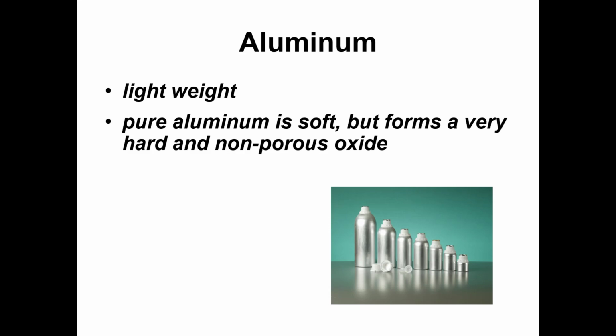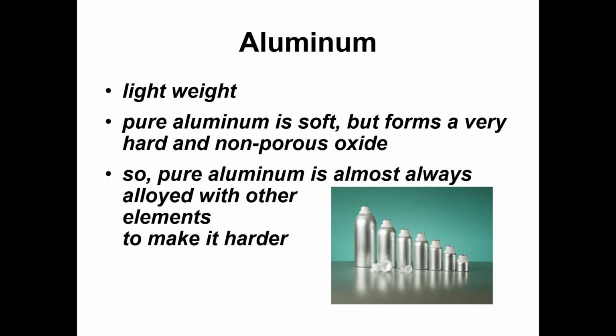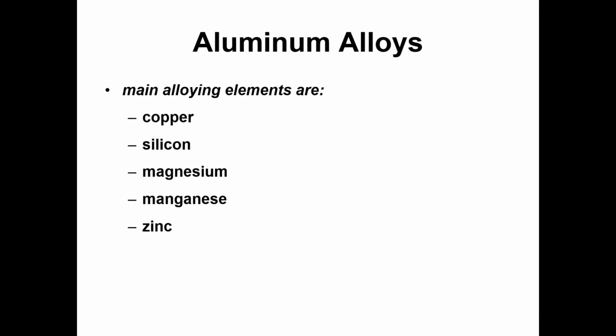But pure aluminum is super soft, so soft that it's not that useful, and it forms a very hard and non-porous oxide. So we mix it with some other element to make it harder and give it other properties.